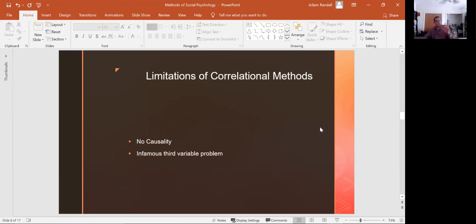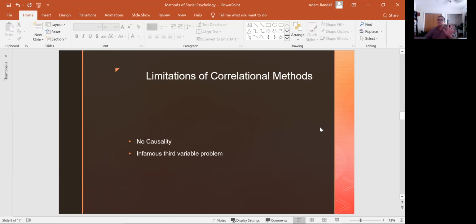It instead affects something else, and that something else, that third variable, affects depression. So the infamous third variable problem refers to the fact that there could be some third, but it really could be a fourth, fifth, sixth.